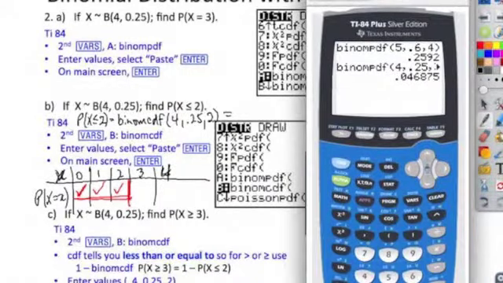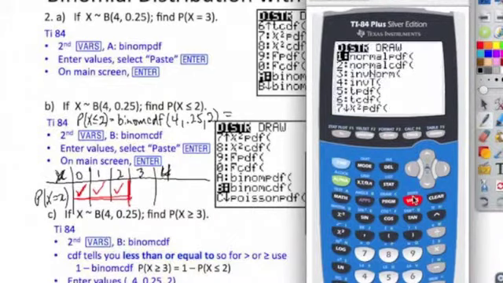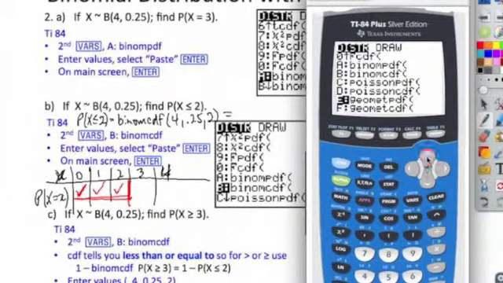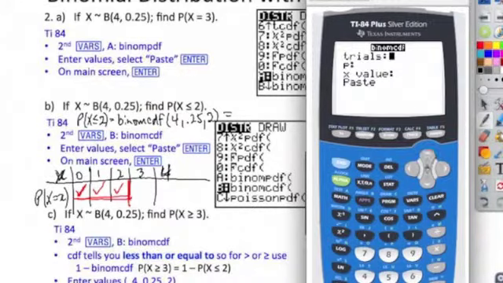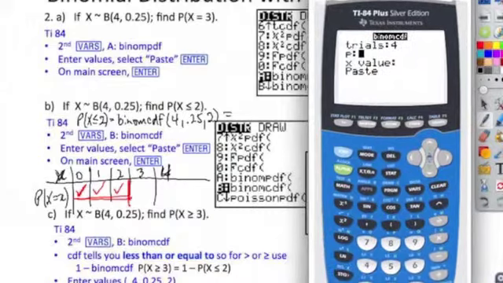So we'll go back into our distribution menu, scroll up, and go to binom CDF, option B, hit enter. It asks for the number of trials, which we know is 4. Probability of success on each trial, again, is 0.25, and we want to stop when x is 2.